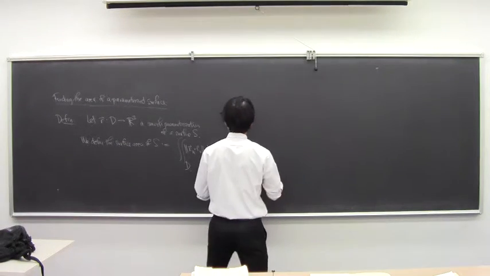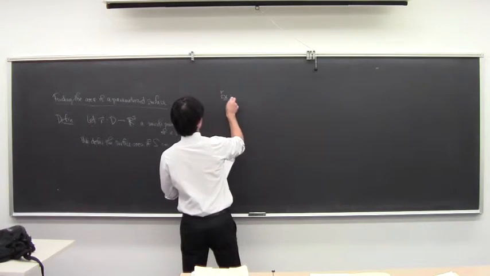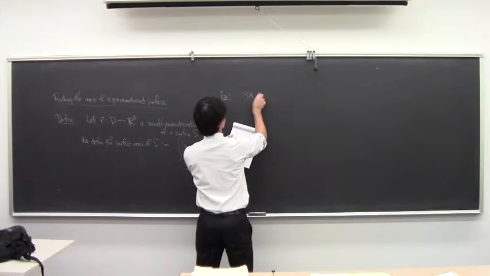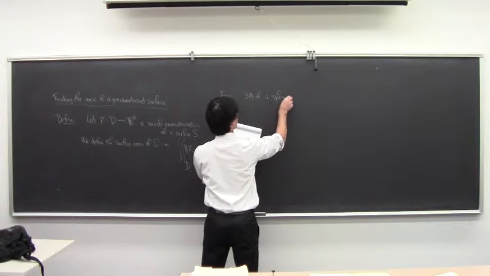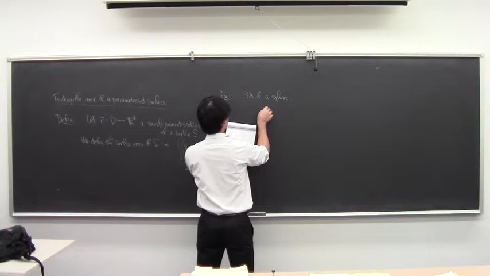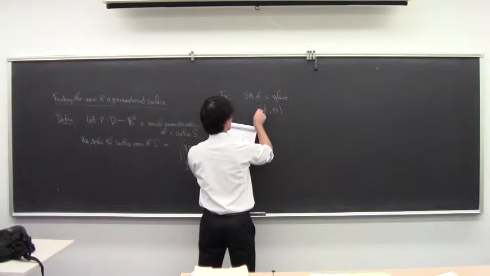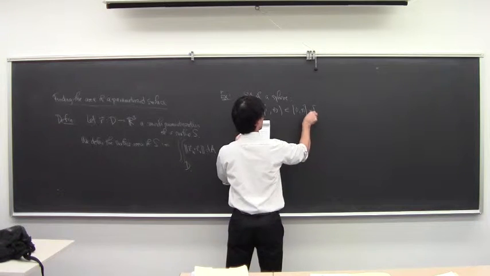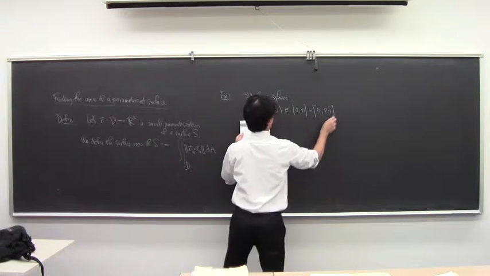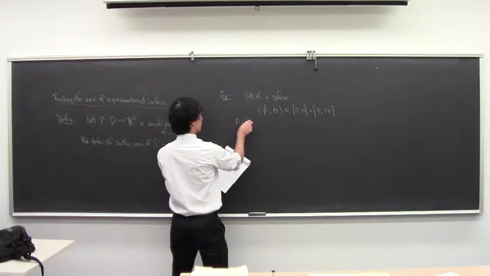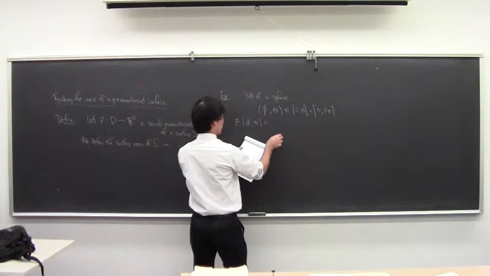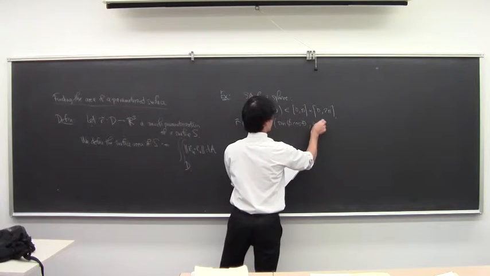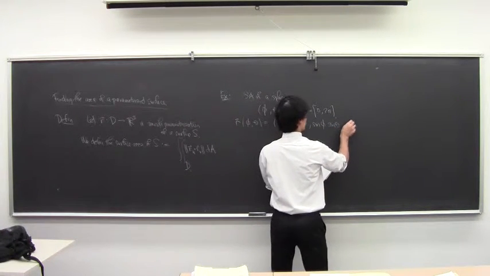So just to show that this is not completely implausible, let's look at the surface area of a sphere. So let phi, theta range over 0 to pi cross 0 to 2 pi, and we'll use spherical coordinates phi, theta. So sine phi cosine theta, sine phi sine theta, cosine phi.